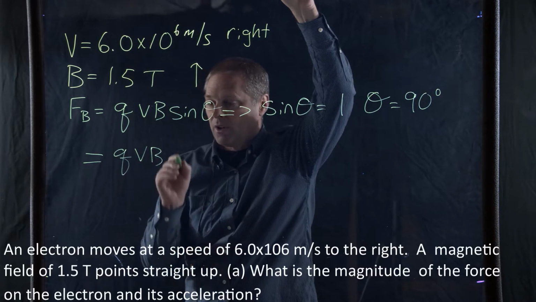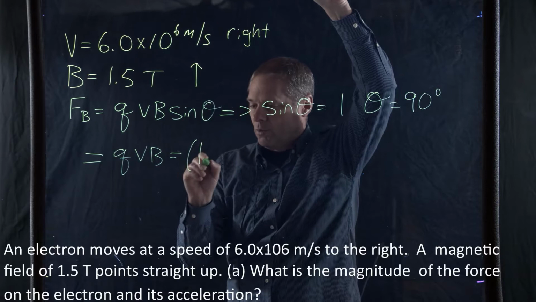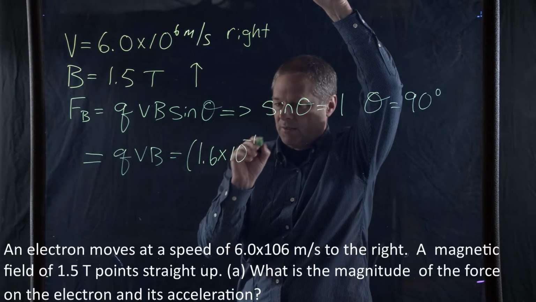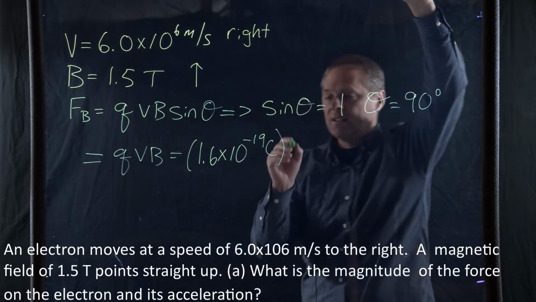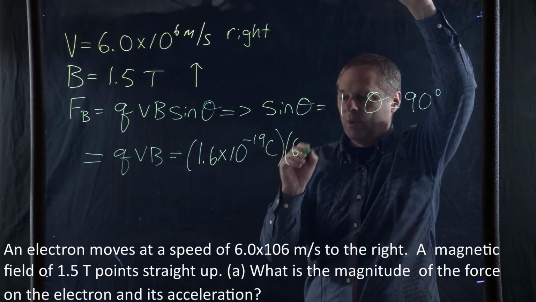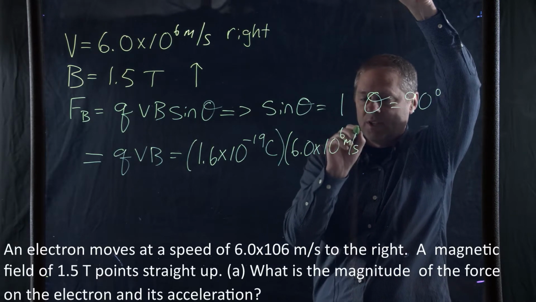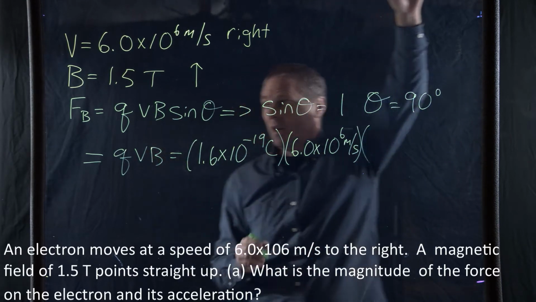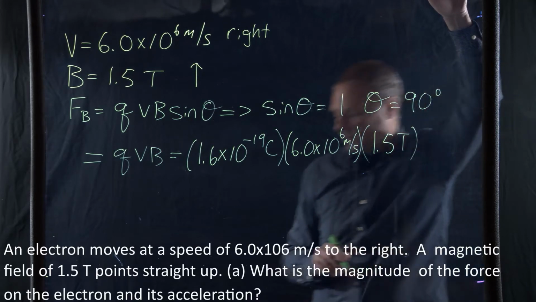Now recall that the charge of an electron is equal to 1.6 times 10 to the negative 19th coulombs. The velocity is 6.0 times 10 to the 6th meters per second, times the magnitude of the B field, which is 1.5 Tesla.